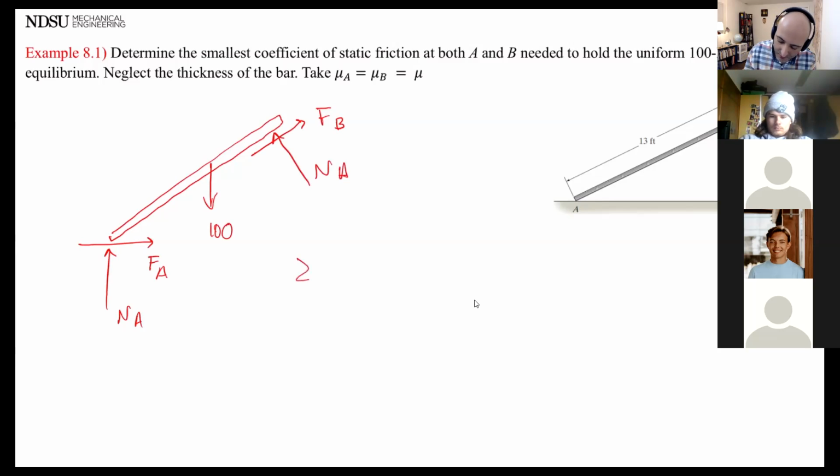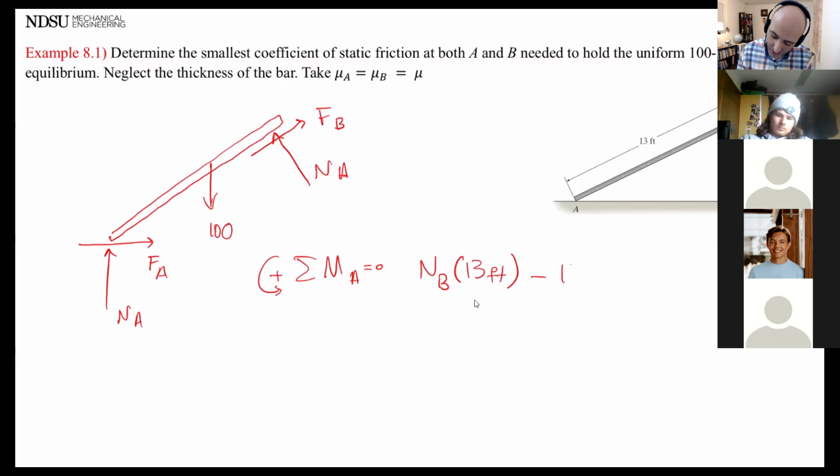So summation of moment about point A, that's one of my equations that I'm going to write. It's going to be NB times 13 feet minus 100 times 8 feet.